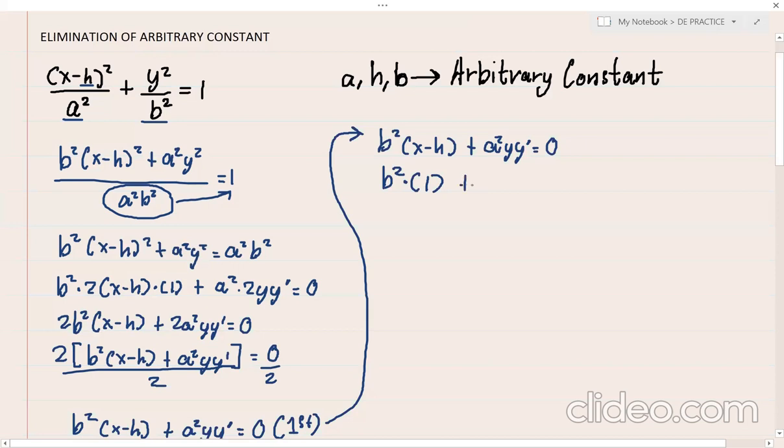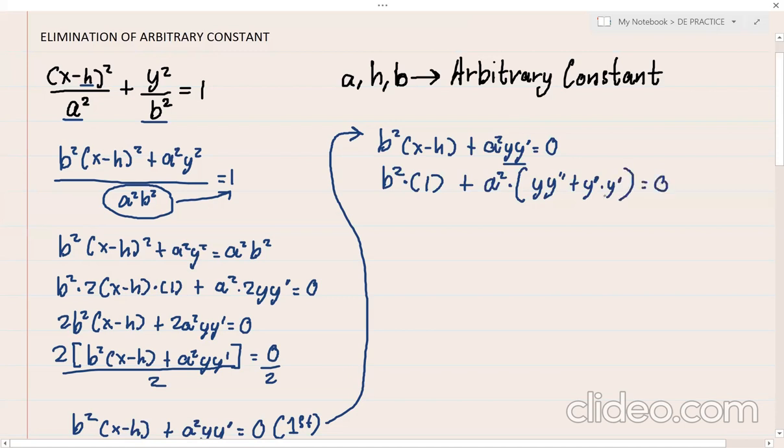So 1 plus, okay, ito naman sa second term, just like what we did in the recent problem, we are going to apply product rule. So a squared times y second prime. Okay, wait lang. Ilagay ko ng parenthesis, nakalimutan ko. Wait lang, a squared times quantity. Ito, kunin natin itong derivative nitong dalawa by product rule. So we have y times y second prime plus y prime times y prime.